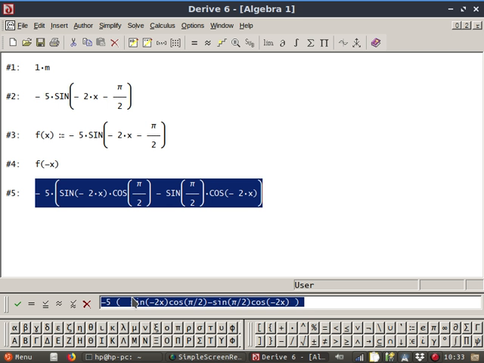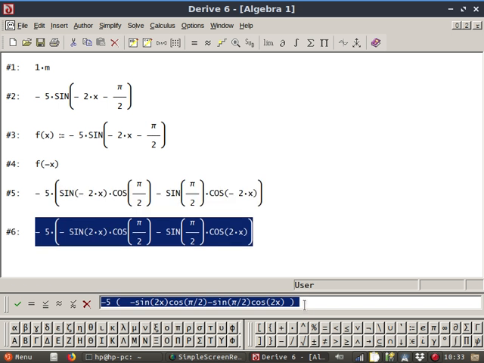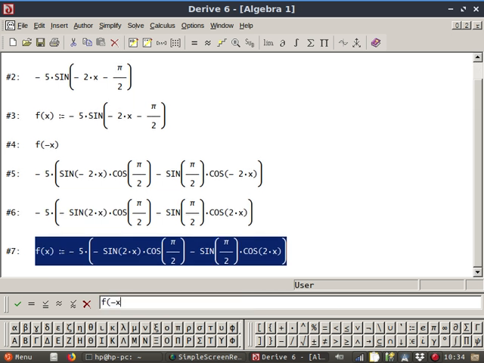Now let me replace the x with minus x. Firstly that minus can come out. And cos is even, so that minus is gone. So this is what f(x) is. So let's calculate f of minus x.